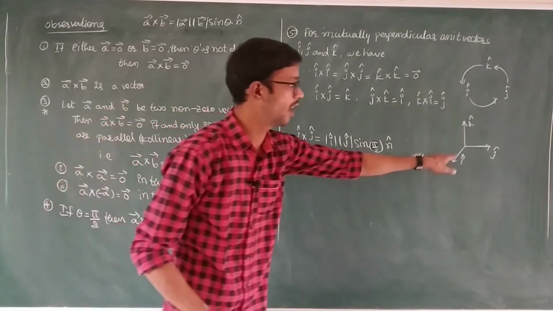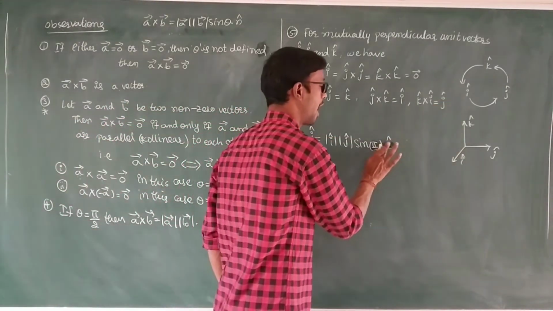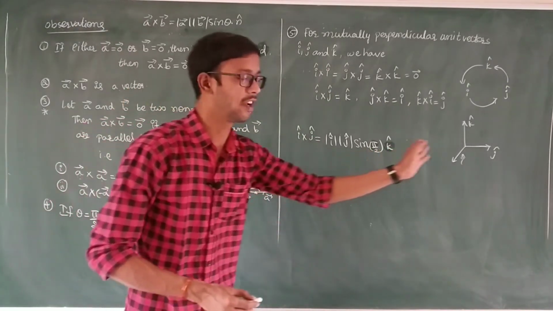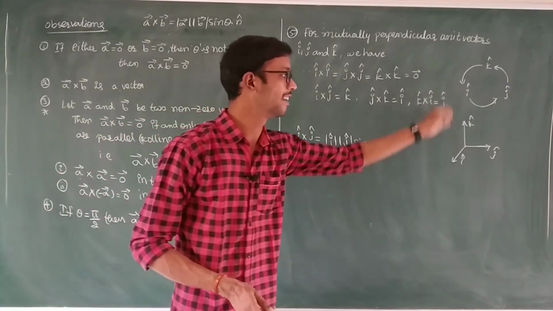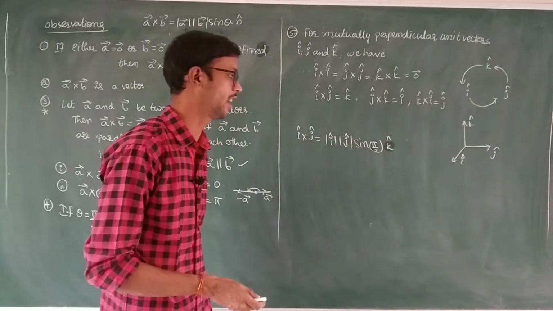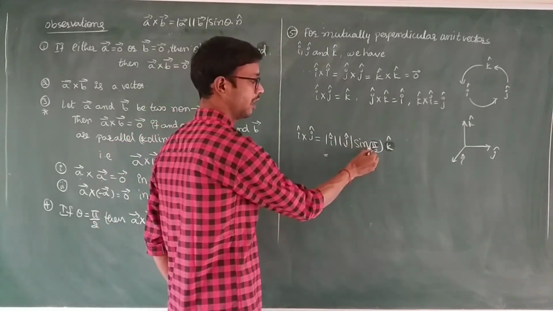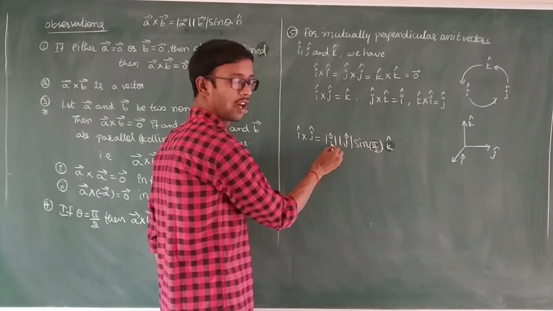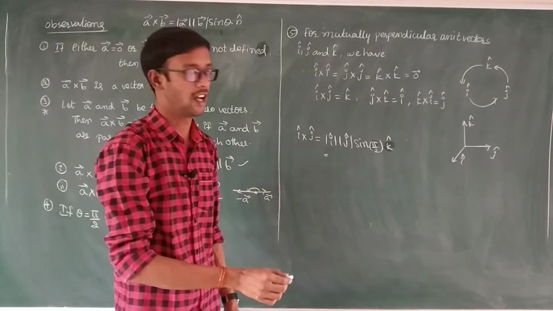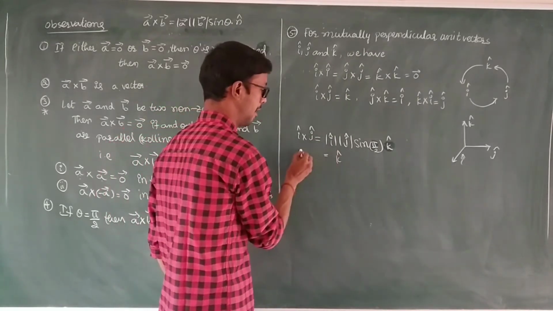What is the unit vector here? The unit vector is K cap. The resulting direction is given by the right-handed system, and here it is K cap. So sin 90 is 1, and the total will be 1. Magnitude of I cap is 1 and magnitude of J cap is 1, because they are unit vectors. So what do we get? K cap.